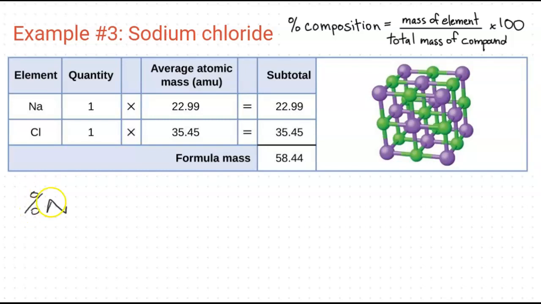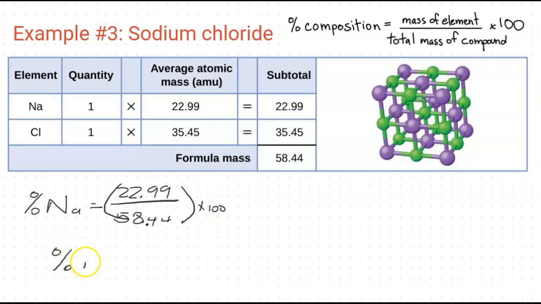So my percent sodium is the part that is sodium, 22.99, divided by the total compound formula weight, 58.44. And then I take that value times 100. My percentage of sodium is then going to be 39.34% sodium.